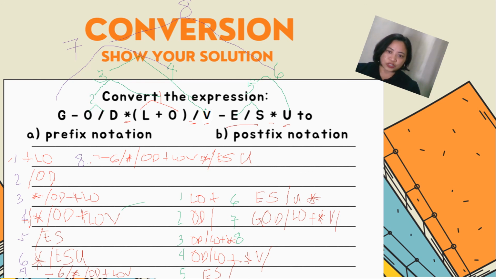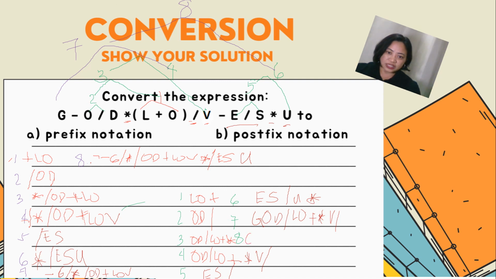Okay? So copy natin yung 7, siya yung nasa leftmost part. Thank you for reminding me. Okay? Kinapi lang natin to pero wala yung operator na minus. Okay? So, dapat merong minus doon sa dulo. And then on our 8, that will be yung 7 at saka 6 minus. Okay?